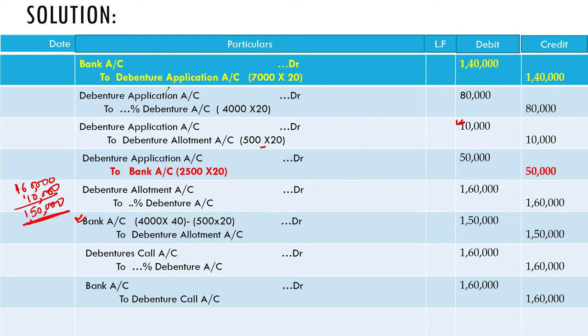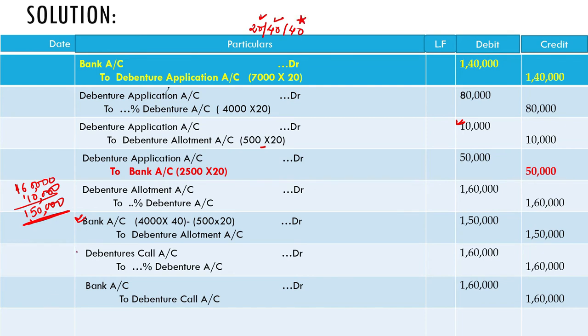And again the due entry for the rest 40 rupees will be made due, because company has received the money of application, made the due entry for allotment, and received the money of allotment. Now company is supposed to make the due entry for this first call money.